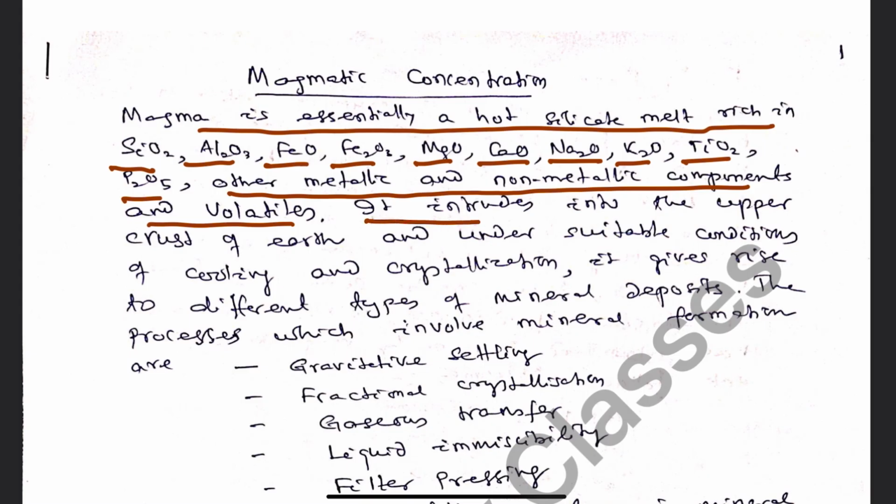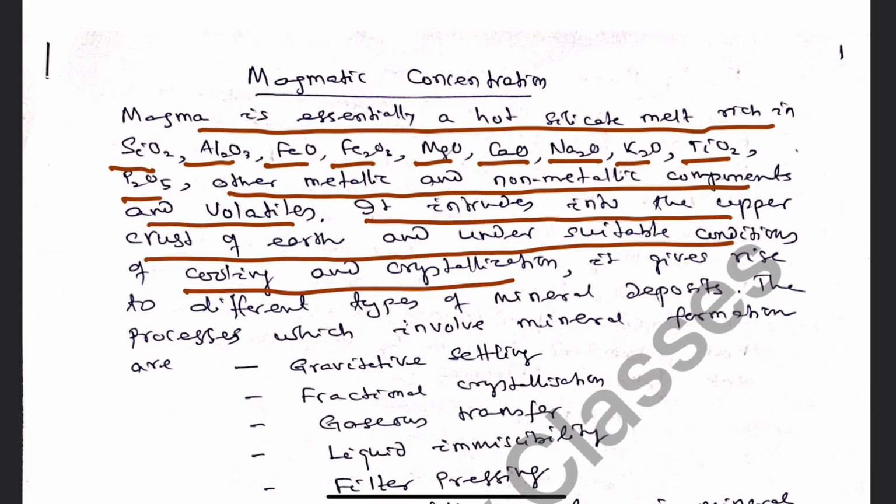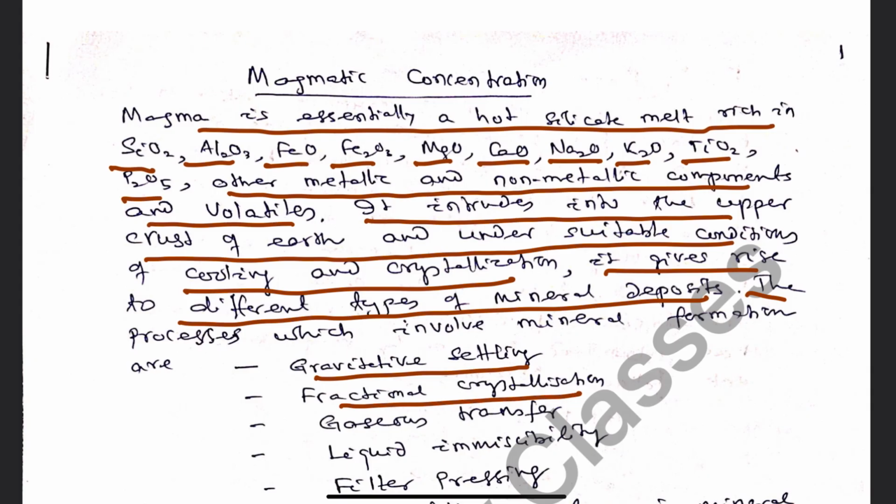This magma intrudes into the upper crust of the earth, and under suitable conditions of cooling and crystallization it gives rise to different types of mineral deposits. And what are the different processes related to magmatic concentration? The processes are gravitative settling, fractional crystallization, gaseous transfer, liquid immiscibility, and filter pressing.